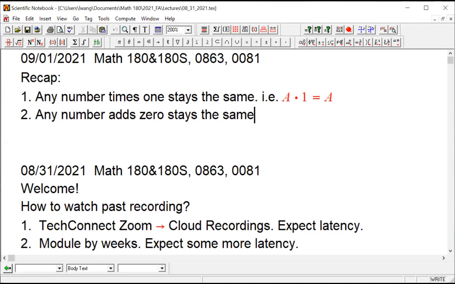Does that sound like a principle we would agree with? We're laying the foundation for the entire semester. So the second principle is any number plus 0 stays the same. Did I get my grammar correct?